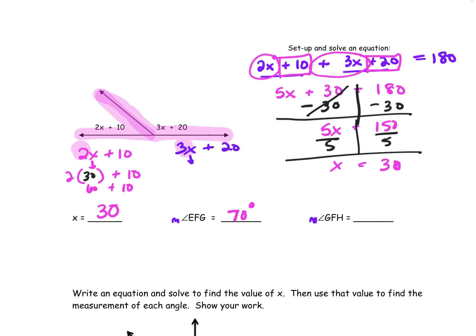If we substitute 30 where x is, multiply it by 3 and add 20 to it, certainly 90 plus 20 is what we thought it might be, which is 110 degrees. And our final check is to say 70 plus 110 is 180 degrees.